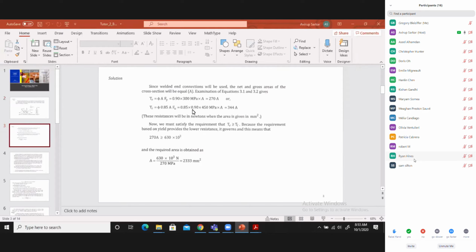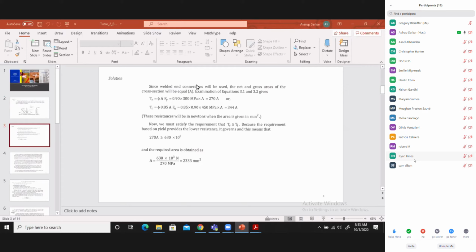Okay, we know what is the load which is going to act on the structure, and we have to make an estimate of, or make an assumption about the section. So what we do, we have the formulas for the capacities in tension. We calculate the capacities in terms of an unknown area A. Okay, and then we equate the capacity to the factored load, and we make an estimate of the area.